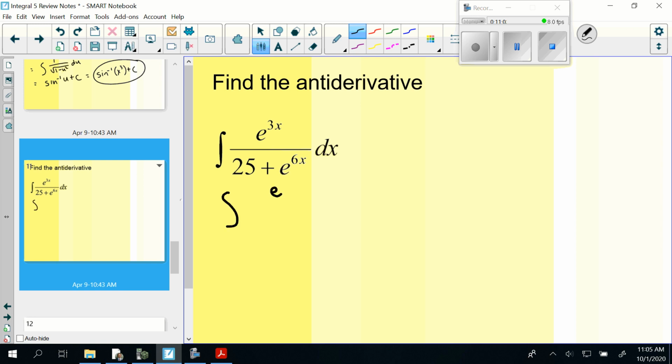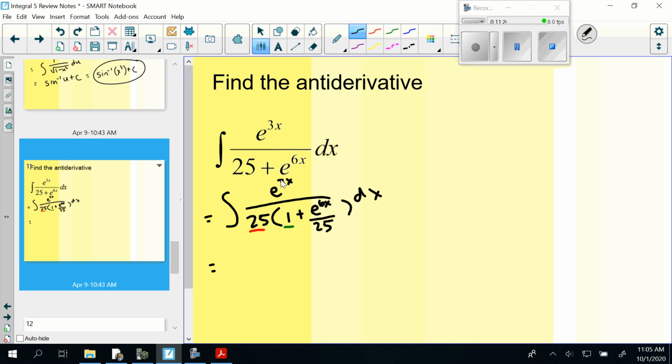So I'm going to factor out a 25. If I do that, this would be 1 plus e to the 6x over 25. And now we've got that 1 that all those inverse trig derivatives have.